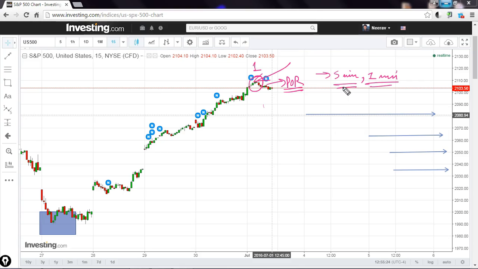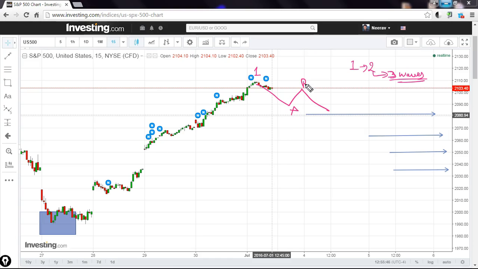So if you want to trade the 5-minute or 1-minute chart, then you will go to the, say, the 5-minute chart and look for 3 waves down, because as we already know that after first wave comes second wave, and second wave consists of 3 waves or a combination of 3 waves. So you will look actually for A, B and C, something like this, or a variation of this.